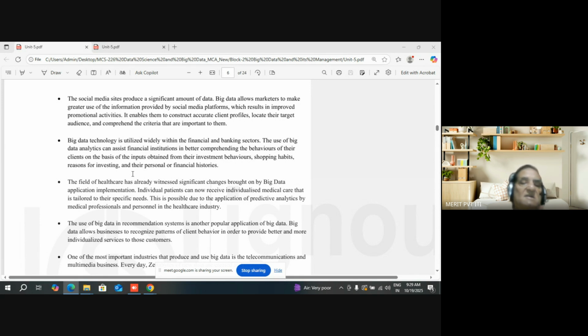The field of healthcare has already witnessed significant changes brought by big data. With application implementation, an individual patient can now receive individualized medical care tailored to their specific need, because all the data of the various diseases, various people are there on the internet. Lots of information is there, lots of data analysis can come, lots of diagnostic systems can be made, so that people are able to use particular medicine.